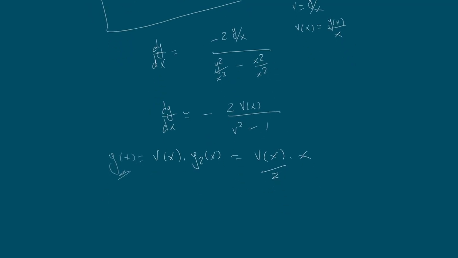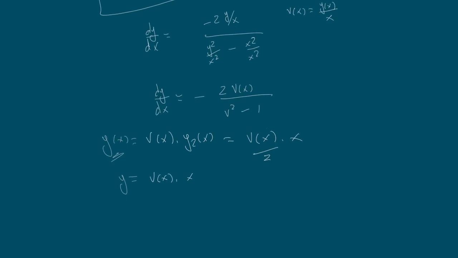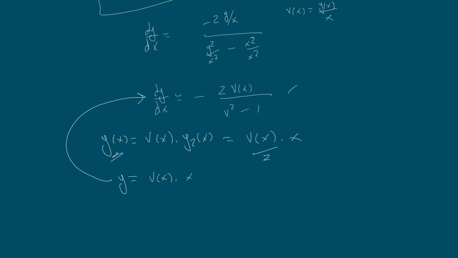So I have y equal v of x multiplied by the function x. On this side of the equation, I have the derivative of y with respect to x, so I want to write it in terms of v. I put it equal to this, and I find v. When I find v, I will find y, because y is v times x.